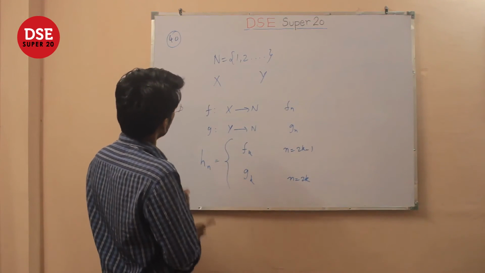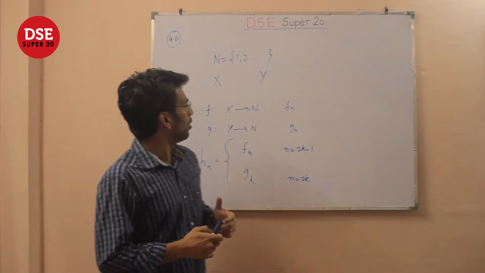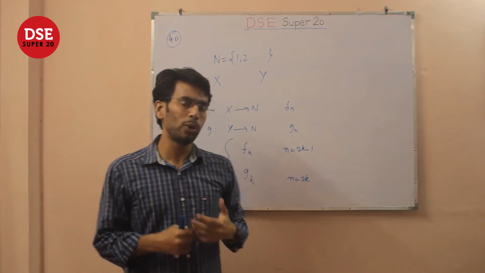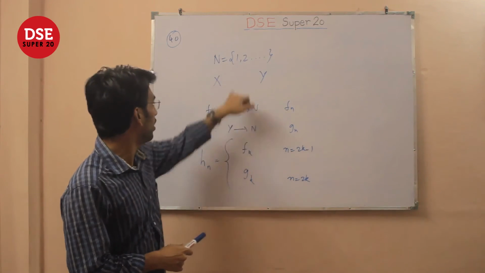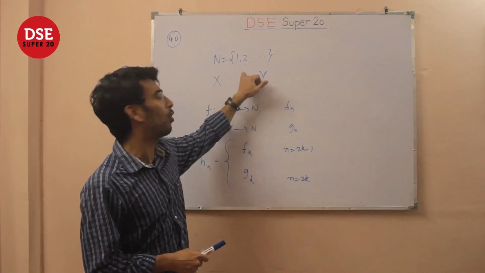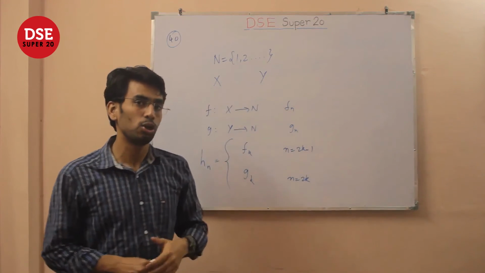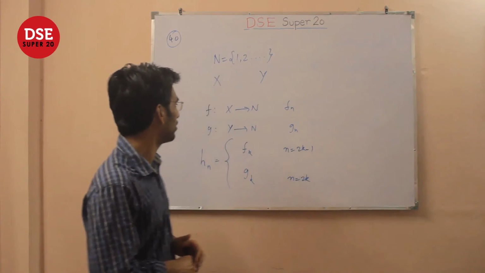Now, we are asked if there do exist bijections between N and X union Y or X intersection Y, or there is no such possibility of any bijection.